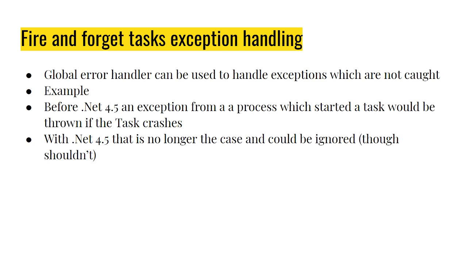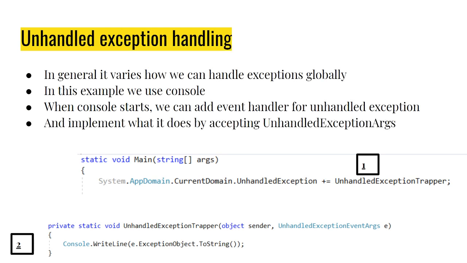But if a task which isn't awaited throws an exception, it should probably have a try-catch of its own, because it's a big enough thing that should have a life and error handling of its own. But if you want to handle it globally, you can do the following. Let's say just log. You register an unhandled exception handler, and then you just implement how you handle it.